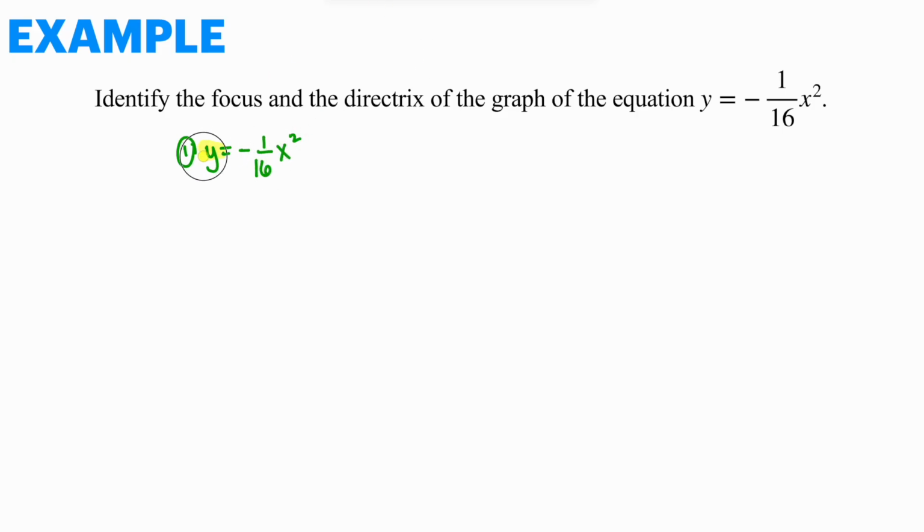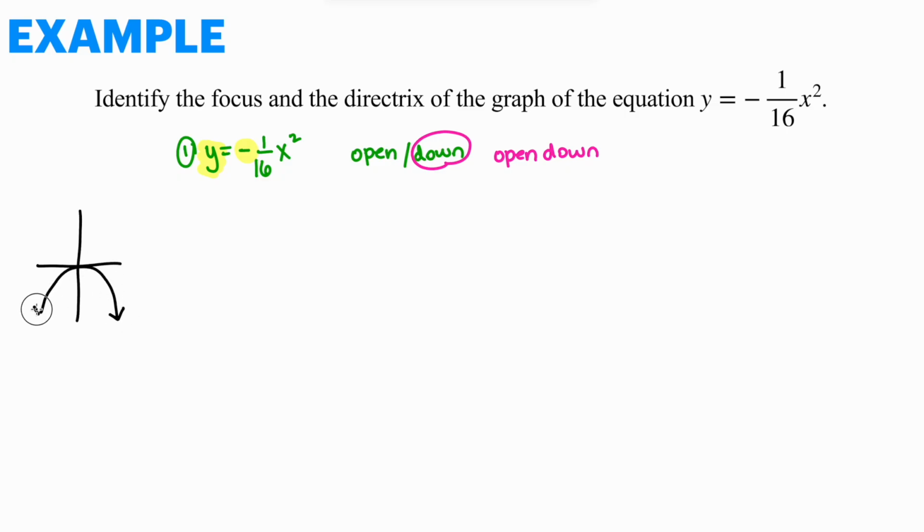The next thing I recognize is there's a negative, so therefore it is going to open down. What it wants to know is what is this focus, and then what is going to be the directrix.